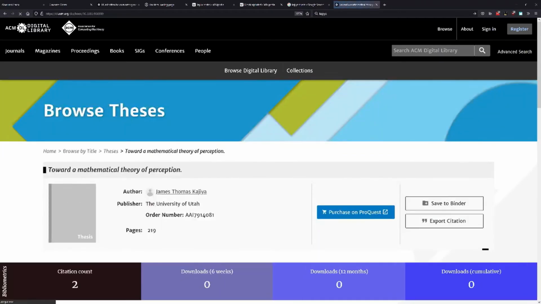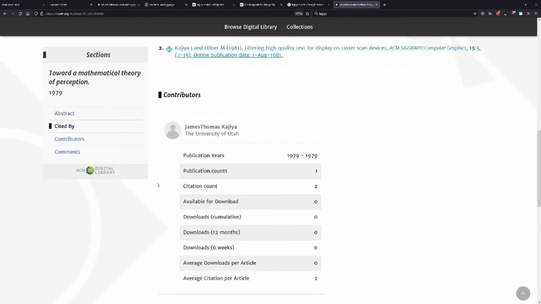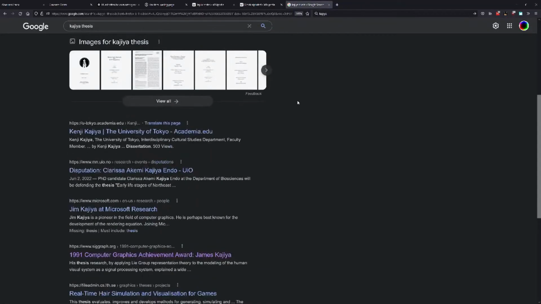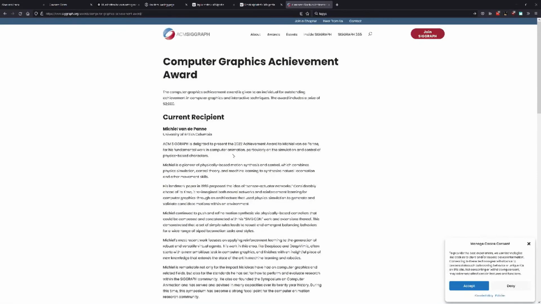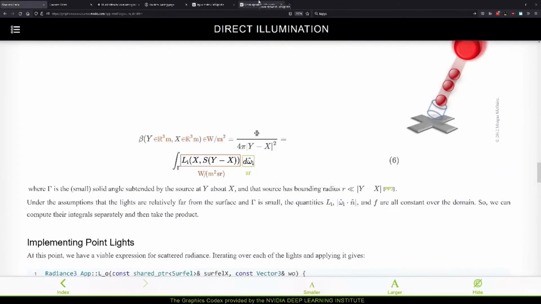Kajiya is a name I know because I've been told it's important. It's the rendering equation guy. Oh, see? Yeah, that is important. We read his paper before in this meetup.